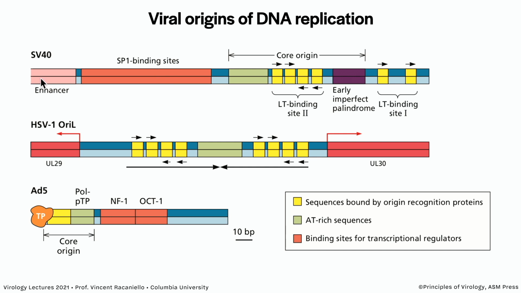Here's an enhancer for it. The ori L of herpes is flanked by 2 different promoters. You can see here by the red arrows. And it's also the case for adenovirus, which is not shown here. These are binding sites for transcriptional regulators, NF1 and OCT1. So these are concentrated areas of regulation, both at DNA and for transcription.